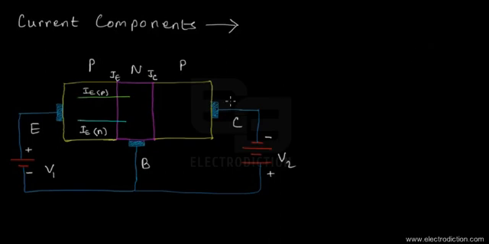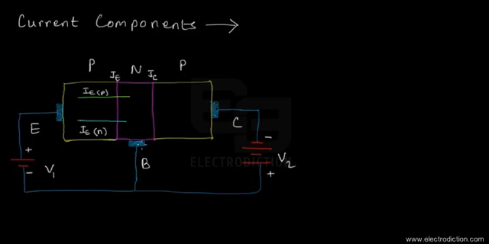Now let's take the hole current component, for example. When the hole current component from the emitter enters into the base, it enters over there as minority carriers.